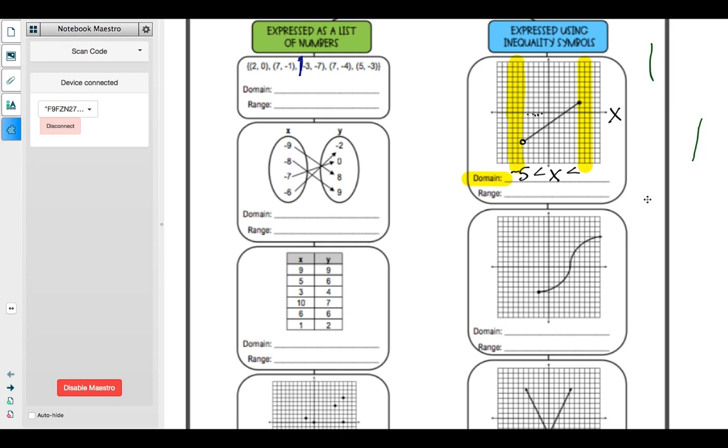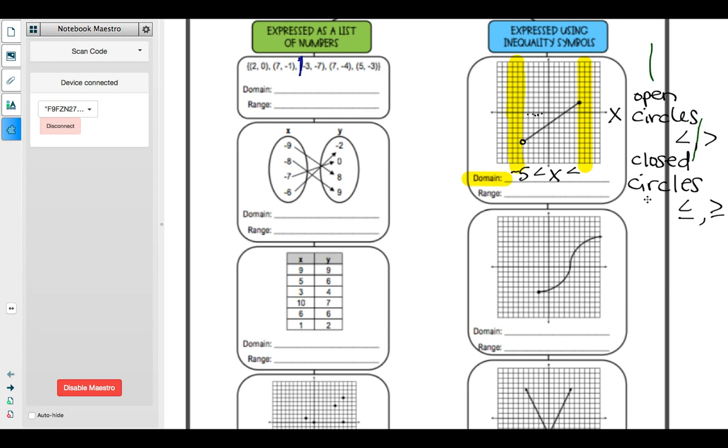Now, because it's an open circle, I'm going to leave it just like that, where it's less than. Maybe we'll even make a note out here: open circles, you're going to use less than or greater than. If I have closed circles, I'm going to use less than or equal to or greater than or equal to. That's why you put the line underneath it.